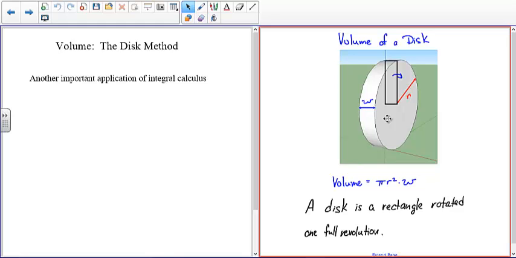Because you can think of a disc two ways. You can think of a disc as a circle moved like this, and that would create a disc shape. Or the other way to do it is to take a rectangular shape like this, so it has two dimensions, and then you rotate it around one side. It would rotate around like this, and as it rotates around, it would create the same shape as if I took a circle and pushed it this way.